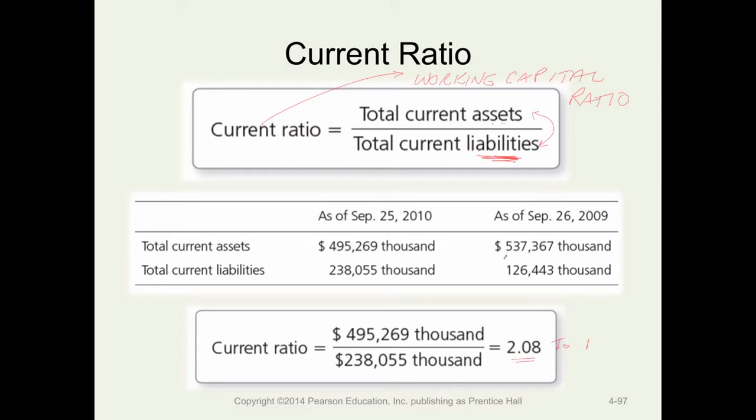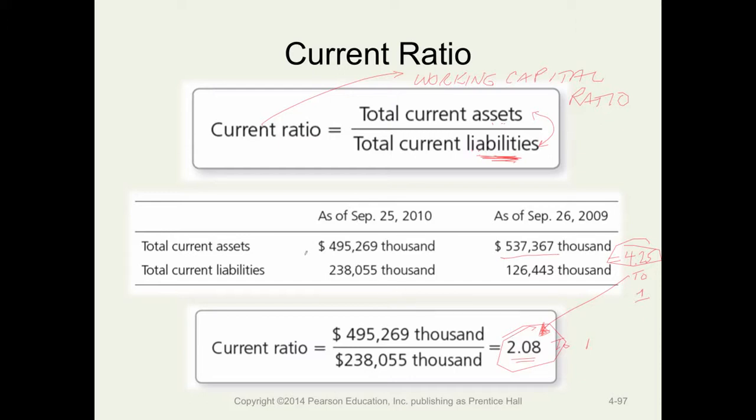And in fact, if you do take the ratio right now from 2009, it's 4.25 to 1. So this ratio, as you can see, declined or deteriorated, and we're not sure what the norm is. What's the industry average? Is it around 4? Is it around 2? So we're not certain whether or not these ratios are sound.